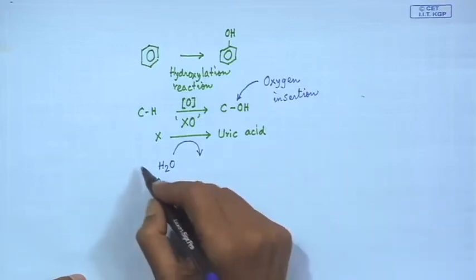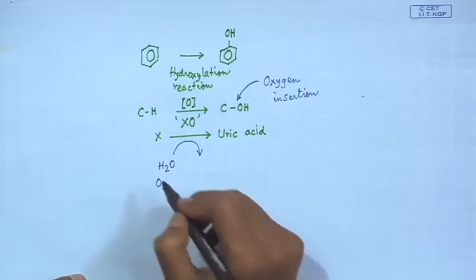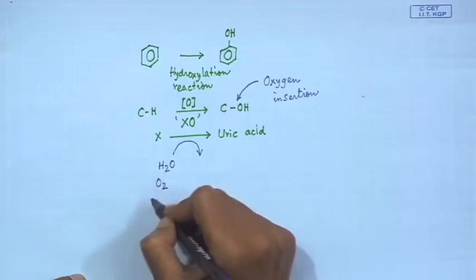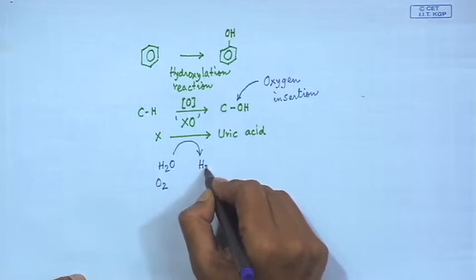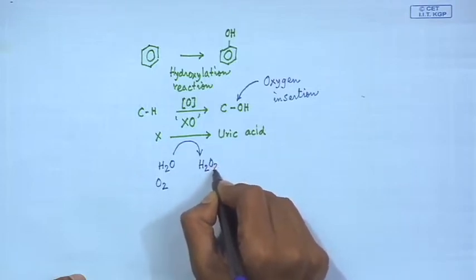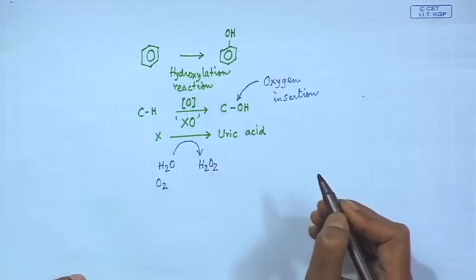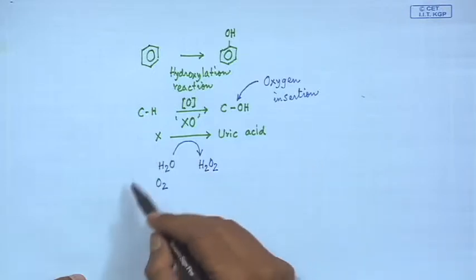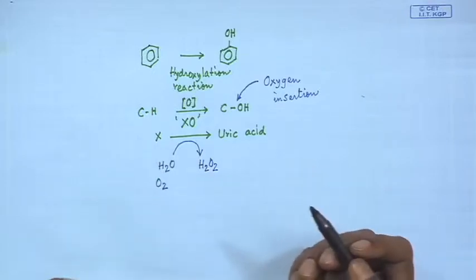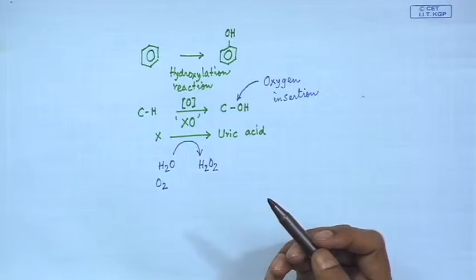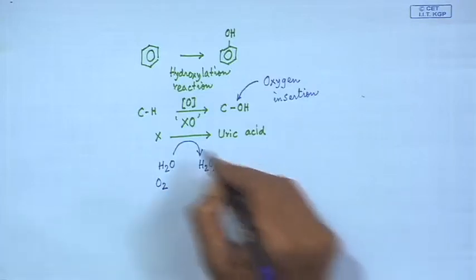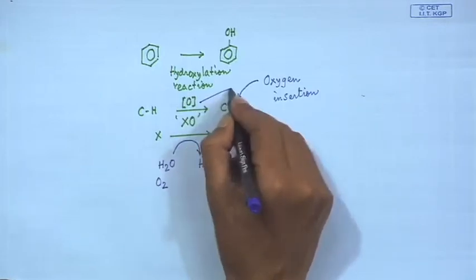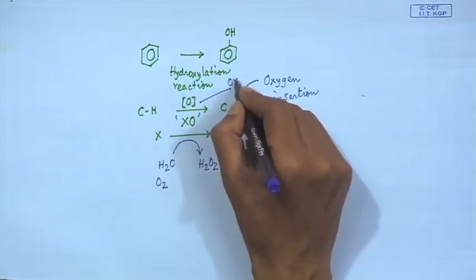That means, on the left it is reacting with H2O and O2, and on the right-hand side, apart from uric acid, we are also producing H2O2. In this and all other reactions catalyzed by water and the dioxygen molecule, the basic reaction we are writing is an oxidation reaction.